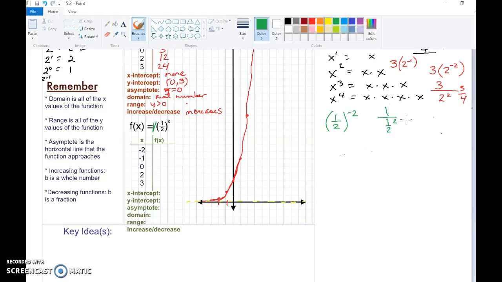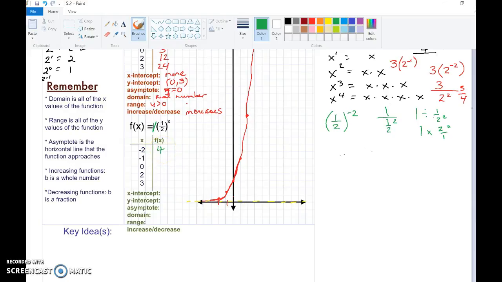So 1 divided by 1/2 to the second power, that's really multiplied by the reciprocal, right? Keep, flip, change, KFC. So now I have 1 times 2 to the second power over 1. So now I have 1 times 2 to the second power, which is 4.